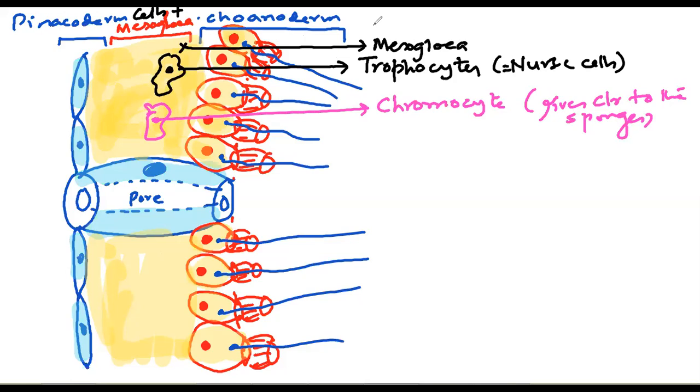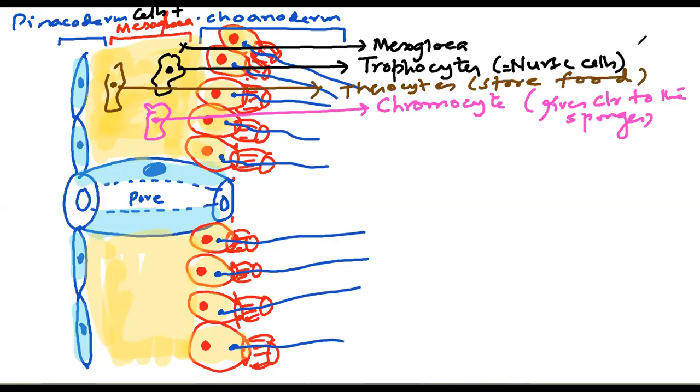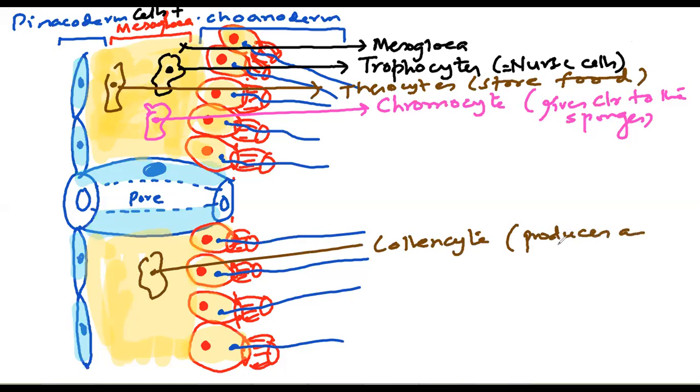After that you will find, suppose, another cell. So this is called thesocytes. What are thesocytes? Store food. Okay, excess food that is left over, it will store it. Then we will make, suppose this is collencyte, produces a collagenous net-like structure.